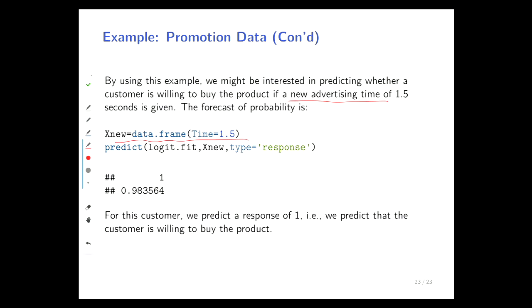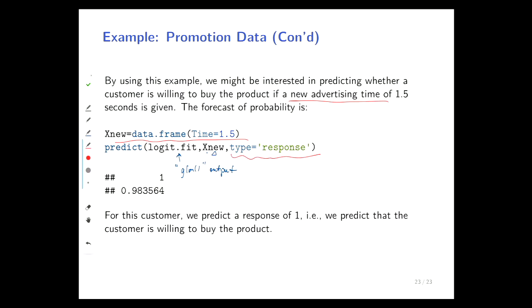That's exactly the same as in the multiple linear regression model. Then you just input the GLM output and the new X variable here.